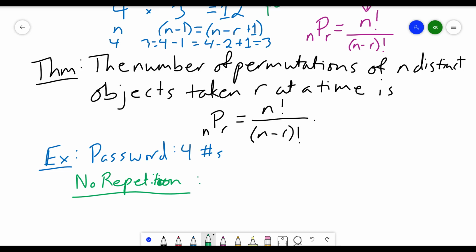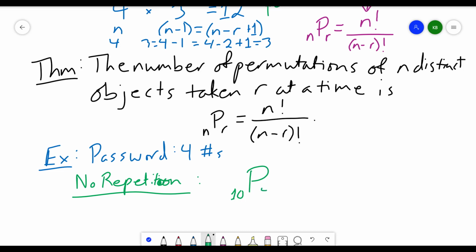So in this, I know I have my giant P, and I'm taking a permutation of n distinct objects. So I think about it and I say, how many numbers do I have? Okay, there are 10 distinct numbers. And then I look at it and I say, I'm taking r at a time. How many numbers do I need?